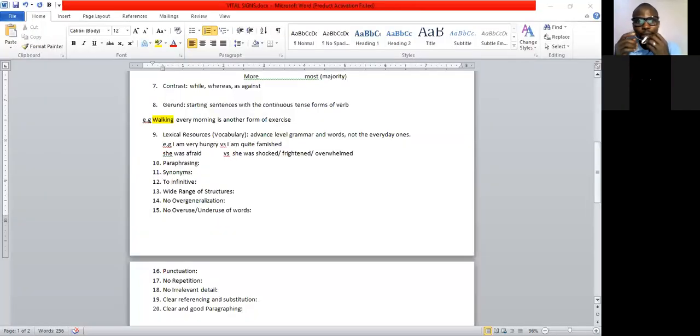You should be able to note them. You should be able to identify them when you are reading or listening. Okay, so that is that.